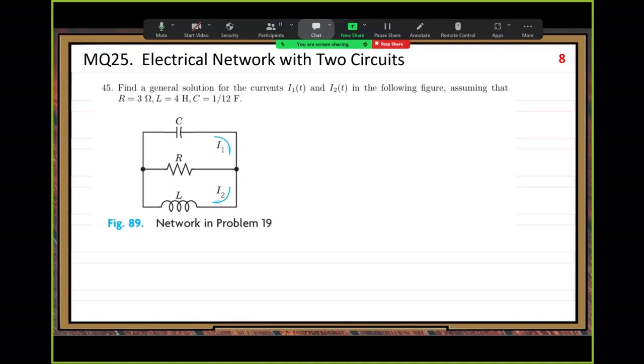So two linear equations for I1 and I2. Eigenvalues, eigenvectors, the general solution, and possibly initial conditions.